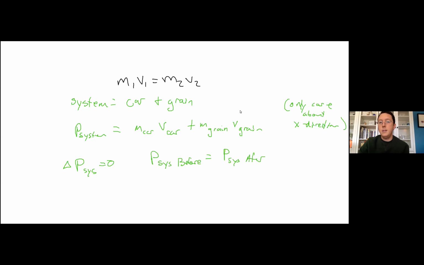So just apply this formula before and apply this formula after and set them equal to each other. And you can solve for the final velocity using that. Okay, I'm going to leave you guys to work on that, think about it, and I'll pull everyone back together. Okay?